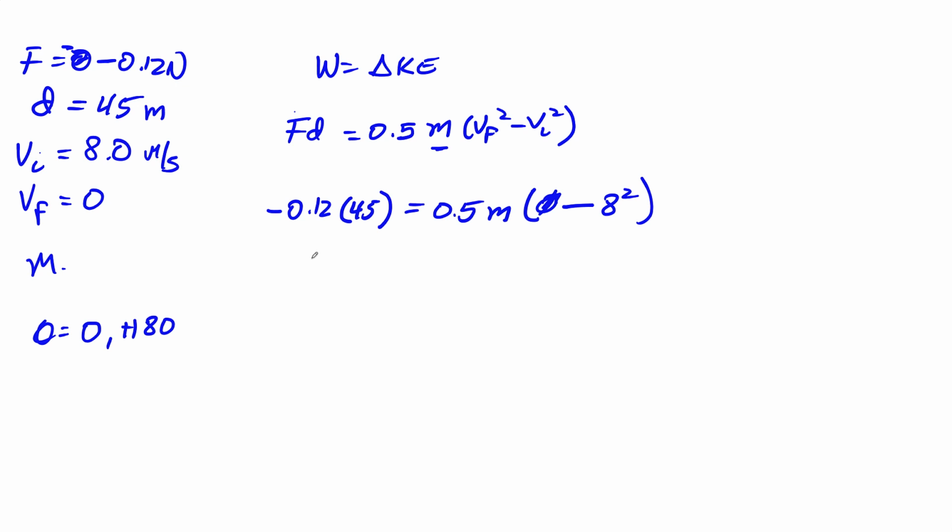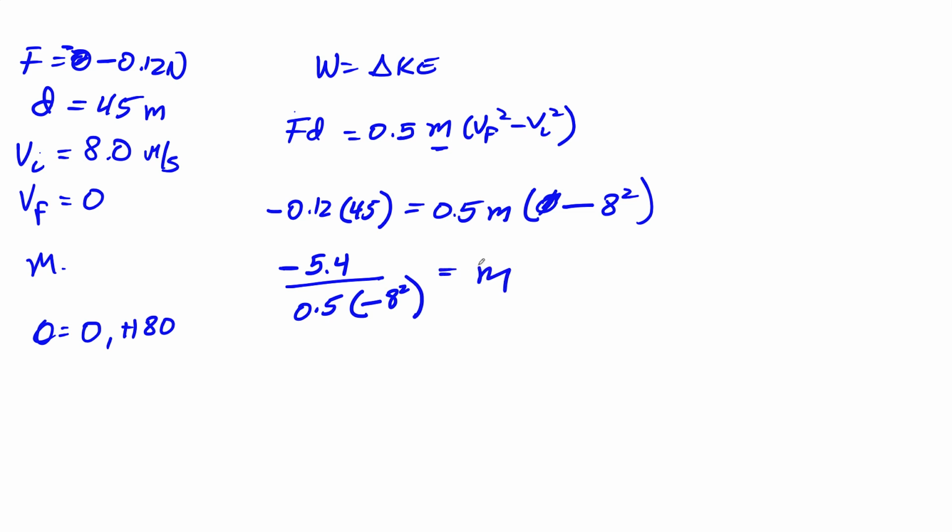Okay, so what we have now is negative 45 times 0.12, which is negative 5.4, divided by 0.5, and that is then divided by negative 8 squared. That's going to equal the mass.